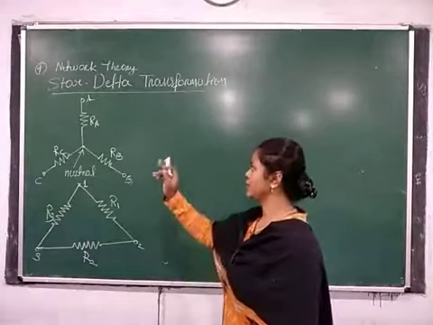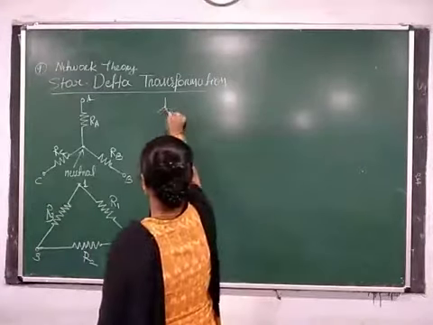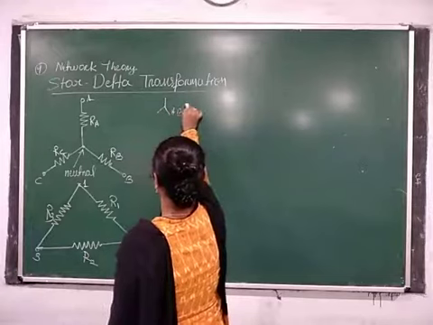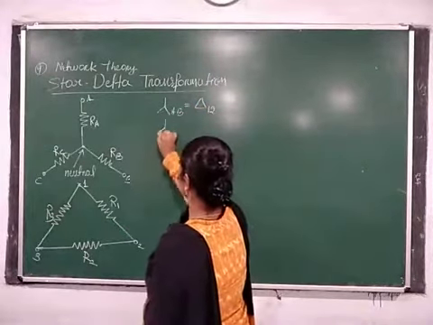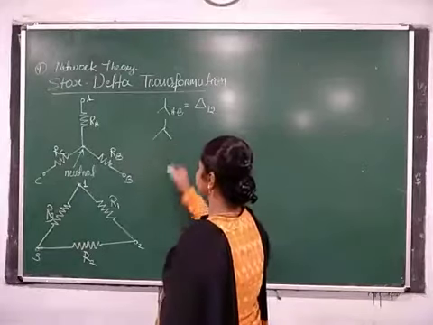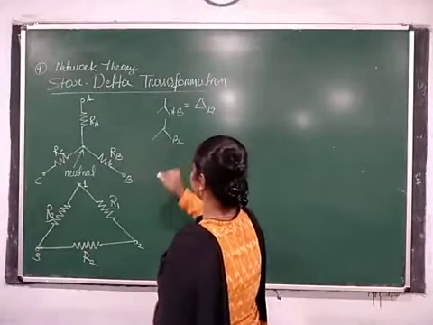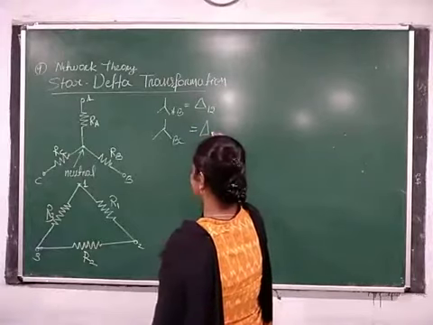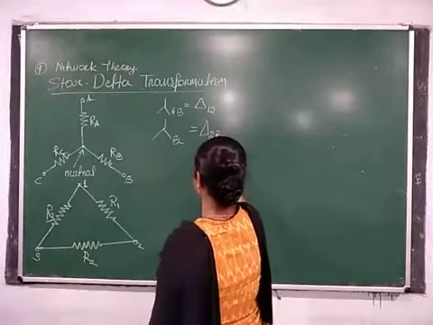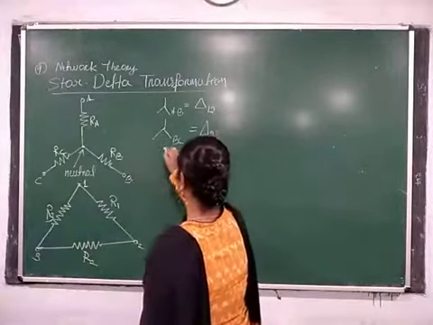In star, between A and B is equal to delta between 1 and 2. Equivalent resistance between terminals B and C in star is equal to equivalent resistance between terminals 2 and 3 in delta.